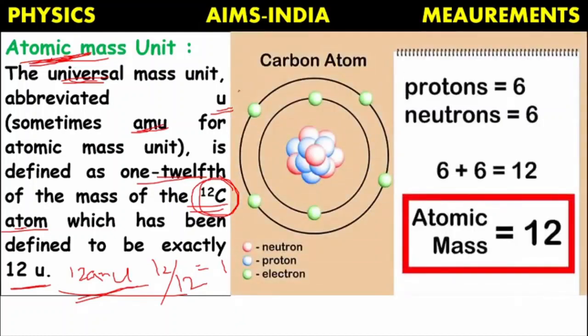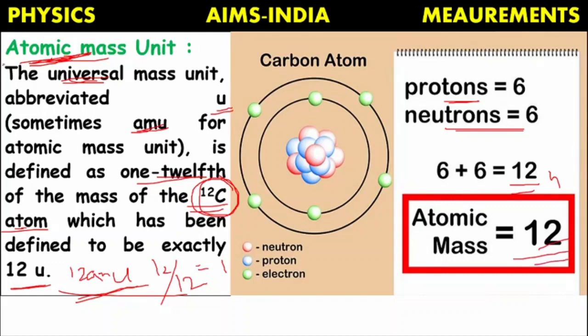Here carbon-12 means the carbon atom having 6 protons and 6 neutrons, altogether 12 nucleons. Inside the nucleus it is having 12 subatomic particles whose atomic mass is 12.